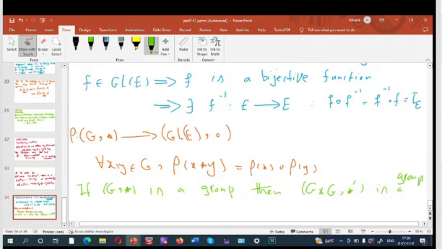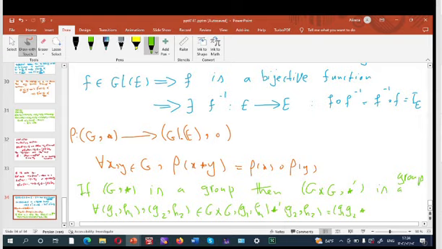And this star prime is defined for any, for example, (G1, H1) and (G2, H2) in G times G: (G1, H1) star prime (G2, H2) is equal to (G1 star G2, H1 star H2), okay?